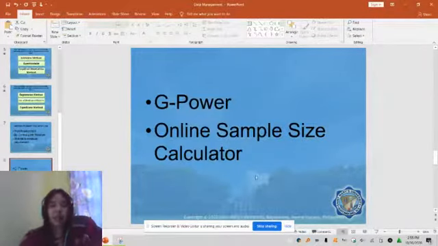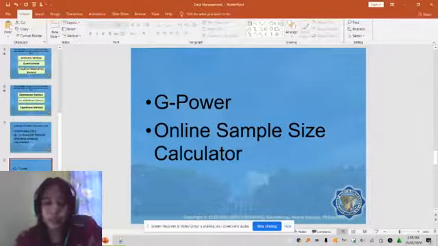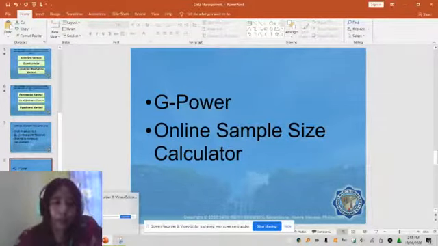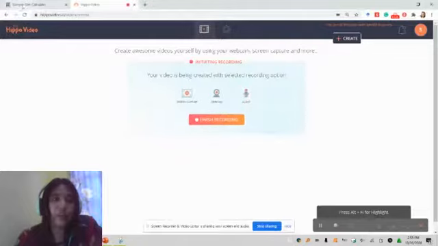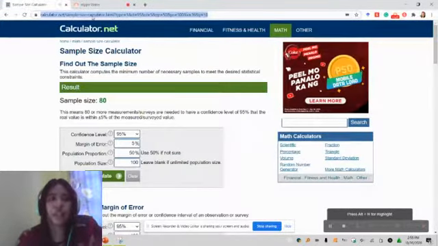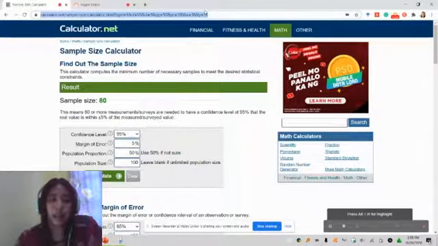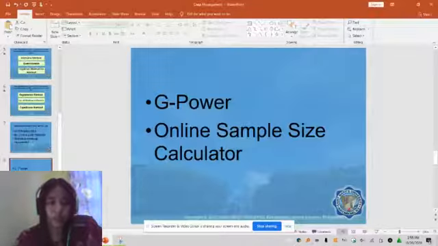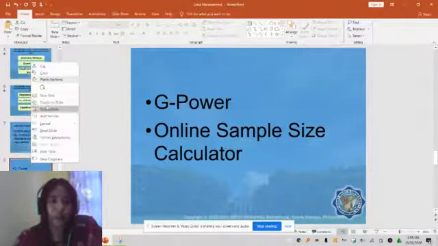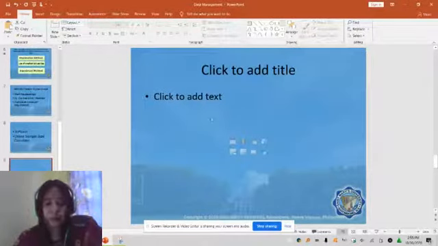What is the website that we can use? We can use calculator.net/sample-size. I will place this also in the PowerPoint presentation so you can be guided later on.